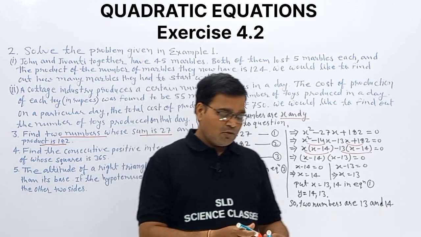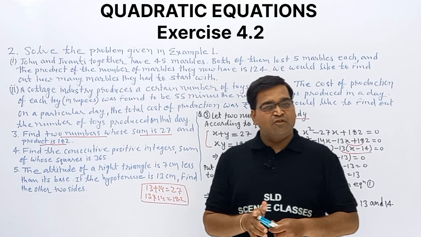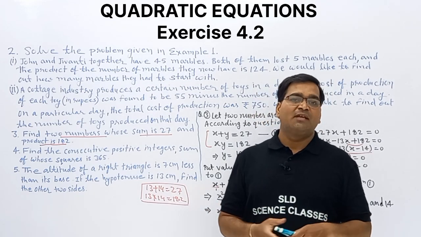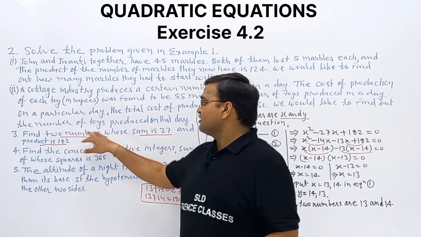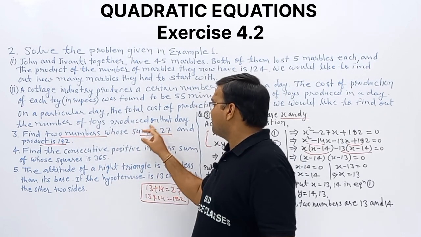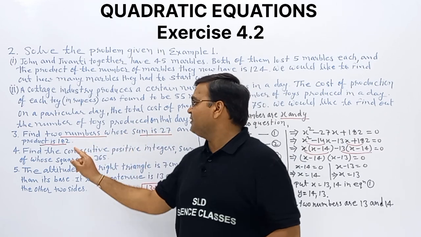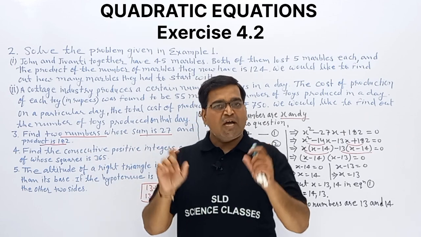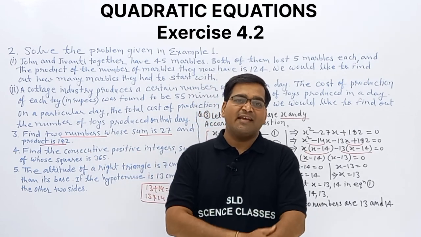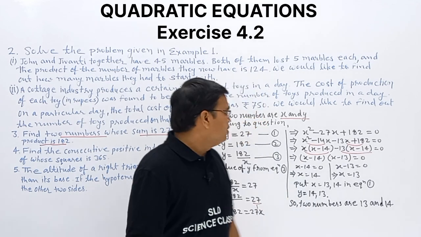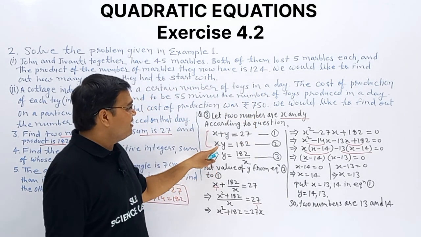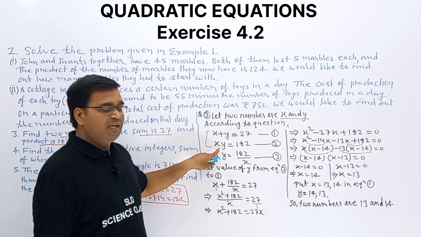Clear? So first we will assume two numbers, in which I am assuming x and y. As per the question, the sum will be x plus y equal to this one, and the product x into y will be this one. Both are two-variable equations, x and y are variables, but we want one variable. So what are we doing? We are finding the value of y from this equation.